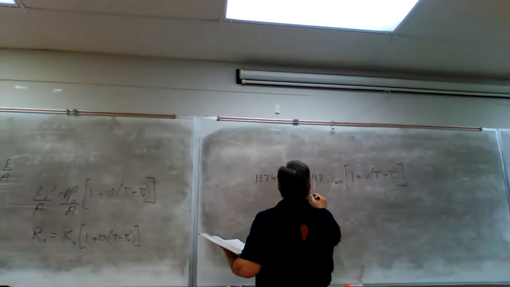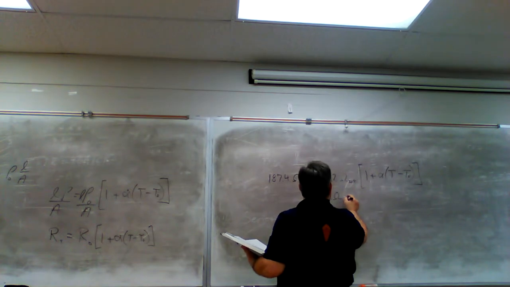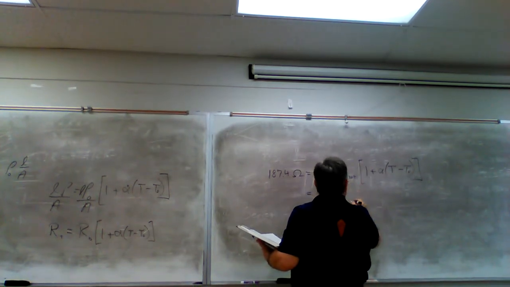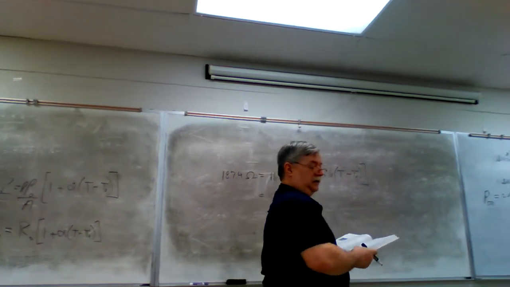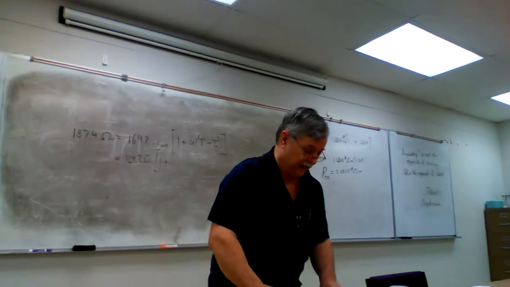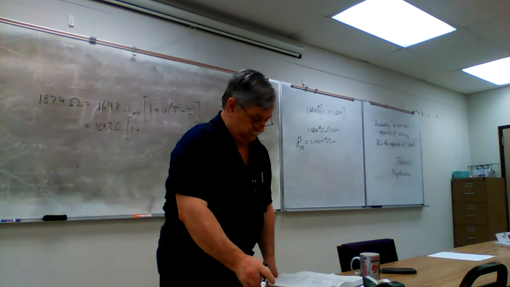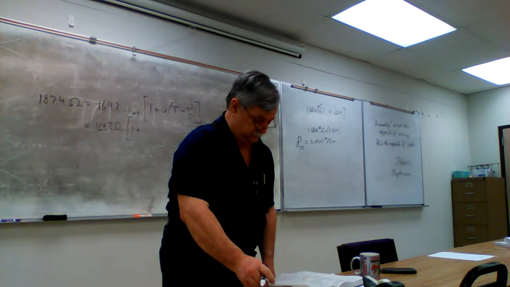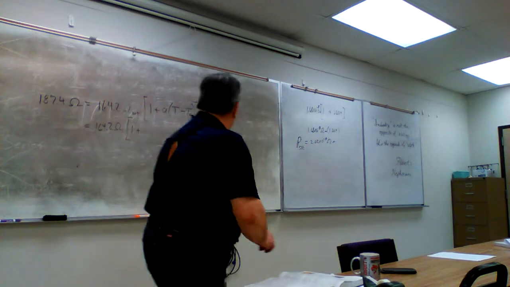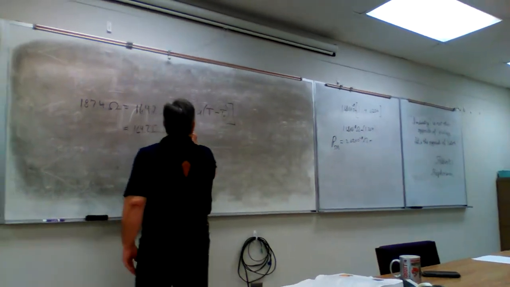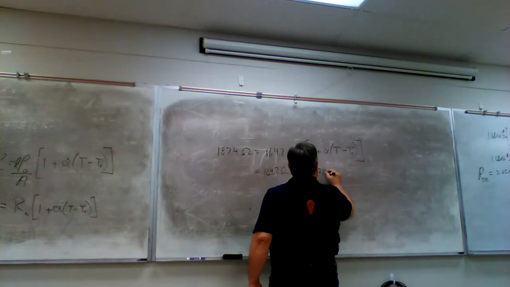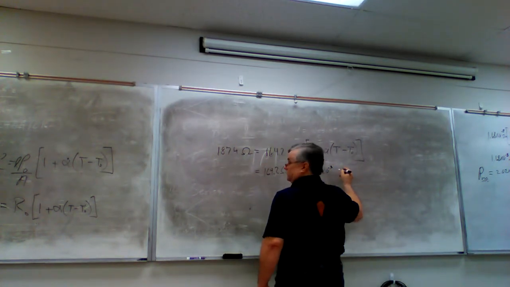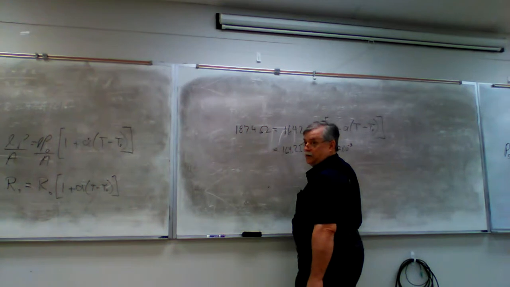So that's 164.2 ohms times 1 plus, what's the temperature coefficient of platinum? 3.927 times 10 to the minus 3. Cody, 10 to the minus 3.